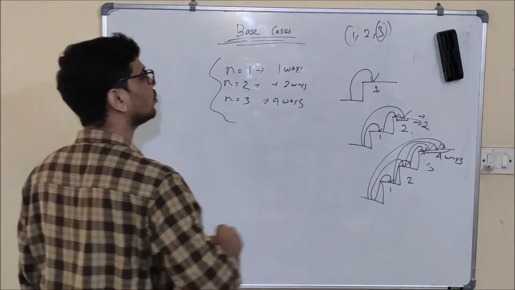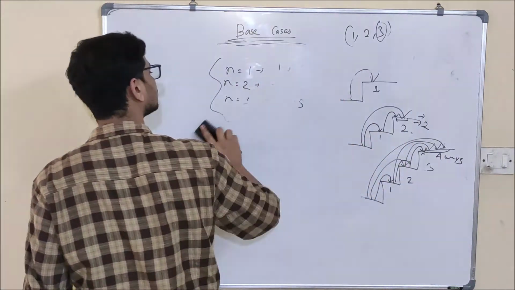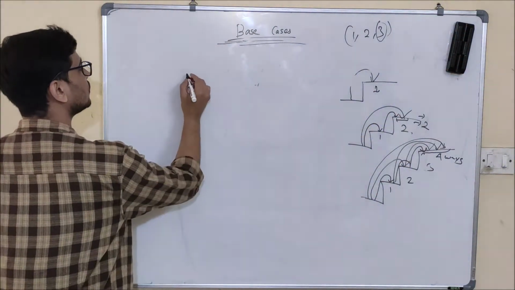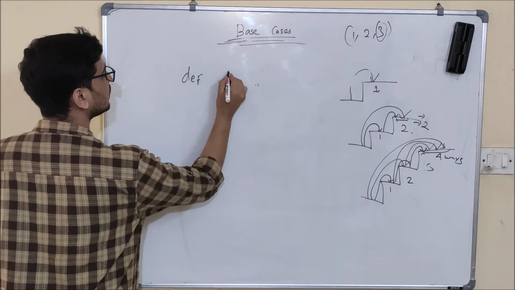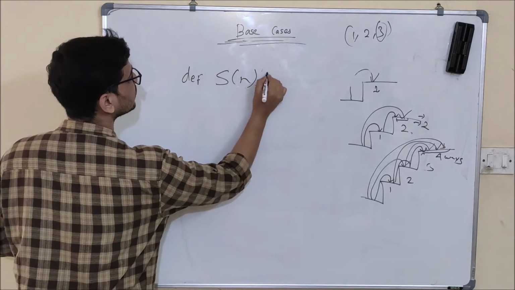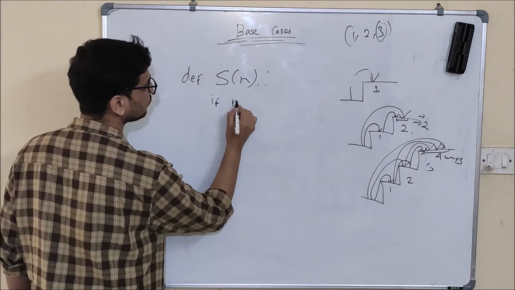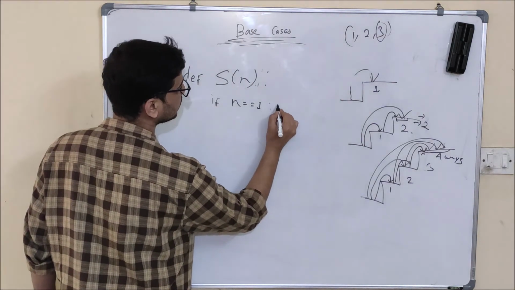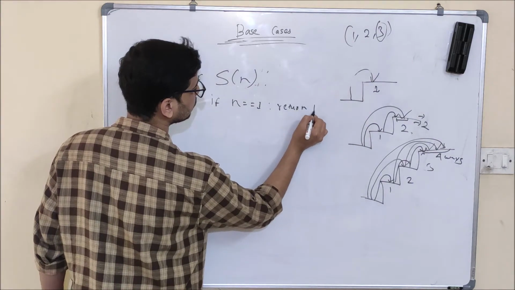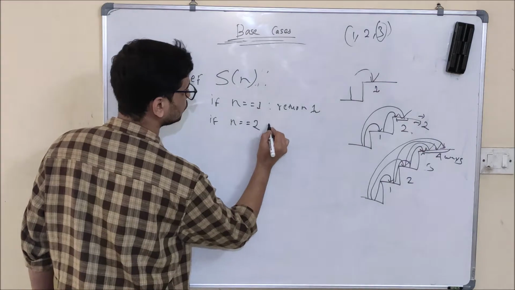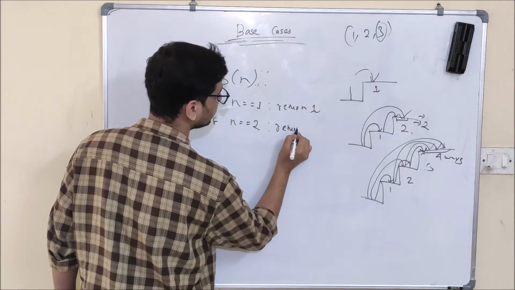Now let's write a program to solve this for us. First define the function. Let S be the name of the function which we will be using. First write the base case. If n is equal to 1, I will return 1. If n is equal to 2, I will return 2.